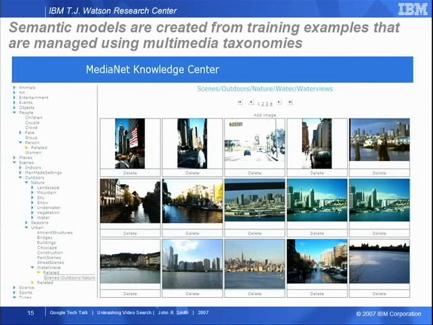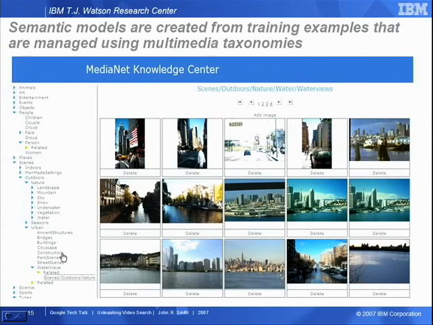So behind this approach, since it's very much a data-driven approach where models get created, is the need to build out taxonomies that are illustrated with example multimedia content. And this is just an example of one of the tools that we're working on, but I think it helps convey the concept, which is for different categories in a taxonomy, to create a model, all you need to do is load in example images for that category.